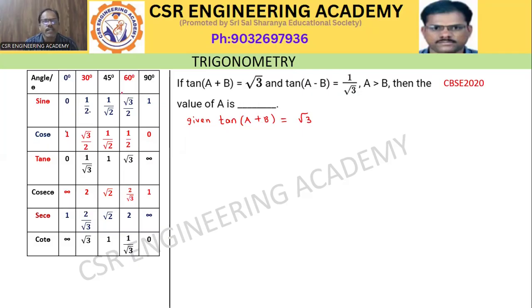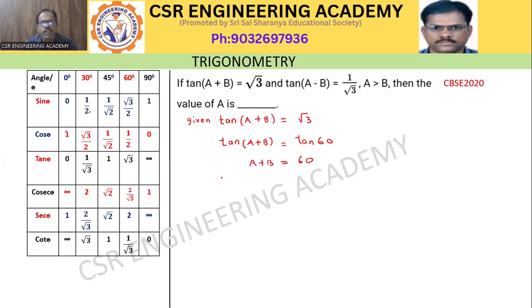Here tan 60 is equal to root 3. That is, tan(A plus B) is equal to tan 60. Tan 60 is equal to root 3. A plus B is equal to 60.